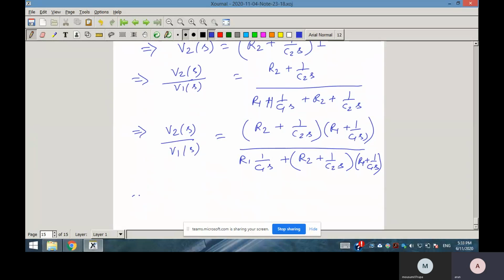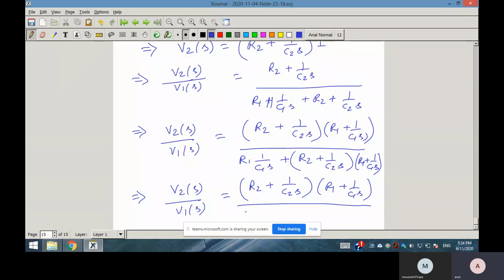If you go ahead, the denominator will look like R1R2 plus R1 by C1s plus R2 by C1s plus R1 by C2s plus 1 by C1C2 s square.